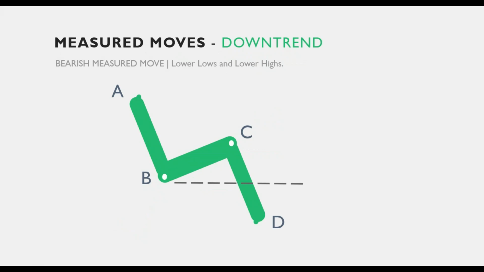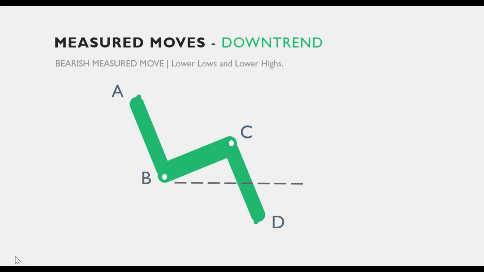Just the opposite is true for the classic definition of a downtrend. That is lower lows and lower highs. So the bearish measured move goes from A to B, and then B to C, and C is a lower high. And then when it passes through B, it becomes a lower low. That again is the classic definition of a downtrend.